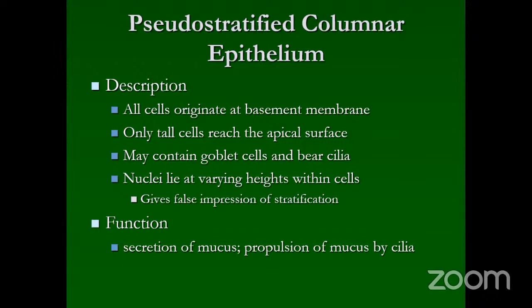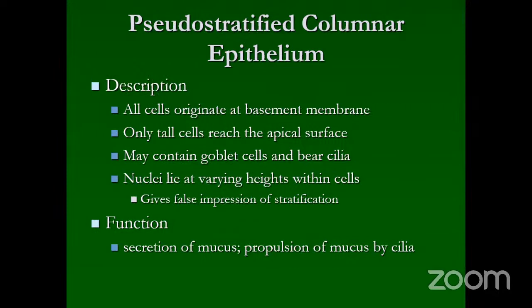And the nuclei lie at varying heights within the cells. Because I told you they arise from the basement membrane and they will go up to the top, that is apical surface, they will be very elongated. In some cells the nuclei might lie at the bottom and in some cells the nuclei may be at the top.